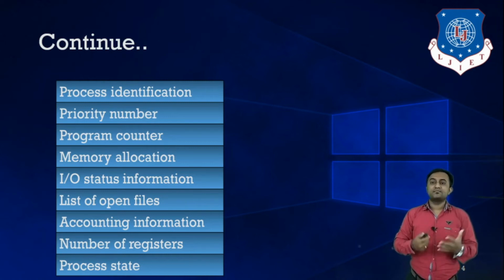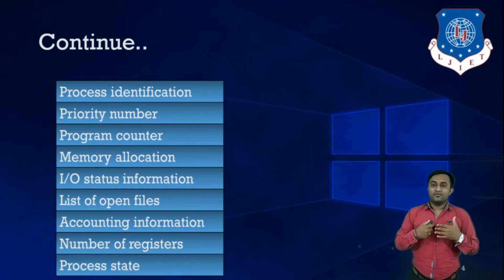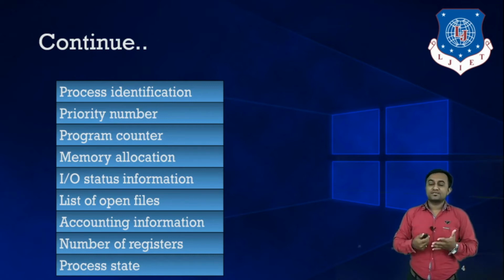That is a system process. If that process is not given higher priority, you can imagine what will happen after a fixed period of time. That's why system processes will have higher priority as compared to user processes.